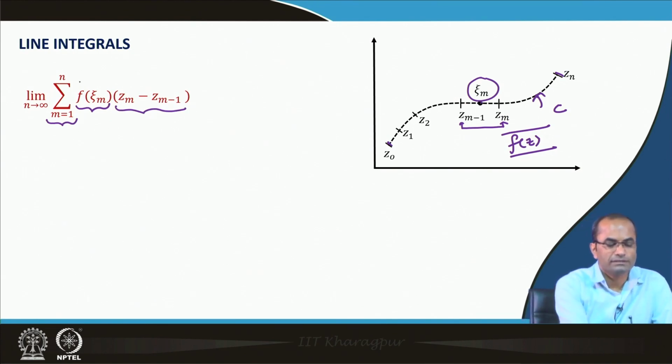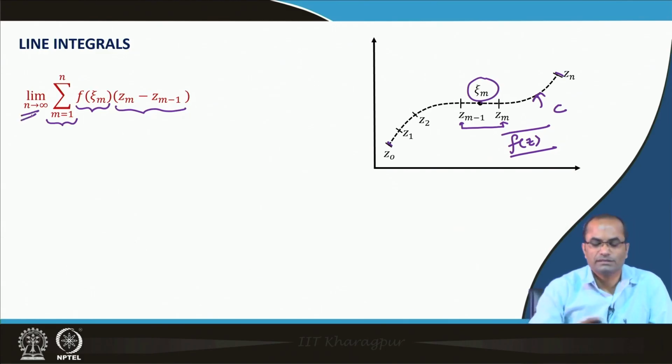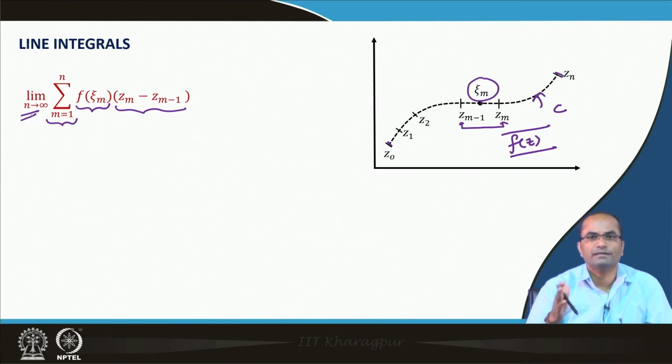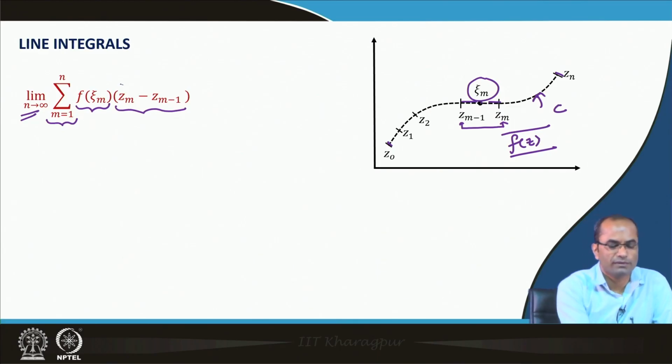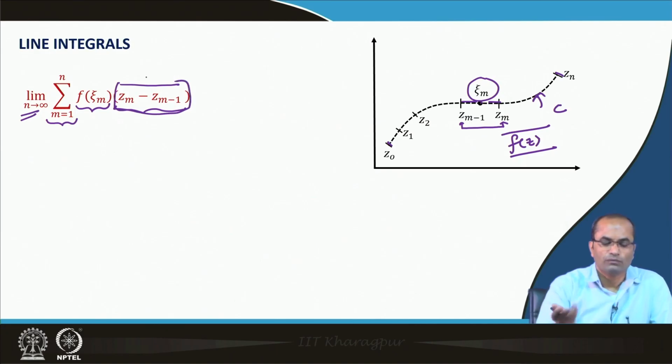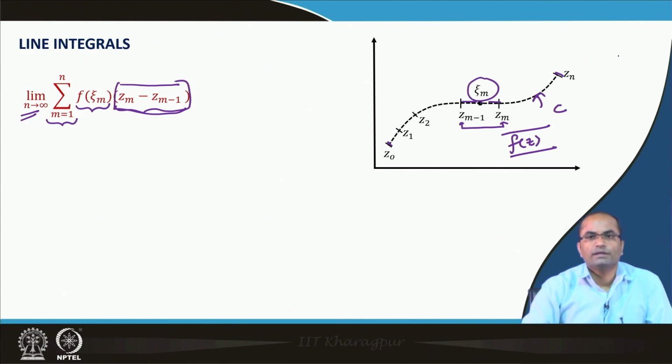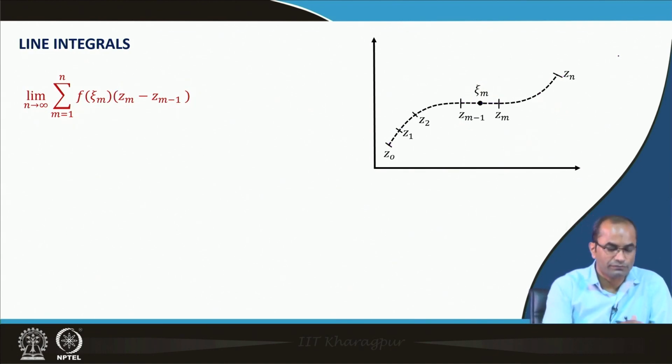And if we sum this and take the limit n approaches infinity, that means the number of sectors which we have divided is approaching infinity, then this width will go to 0, and eventually the error which we were introducing by just subtracting z_{m-1} from z_m will go to 0, and we are eventually integrating over this given curve.